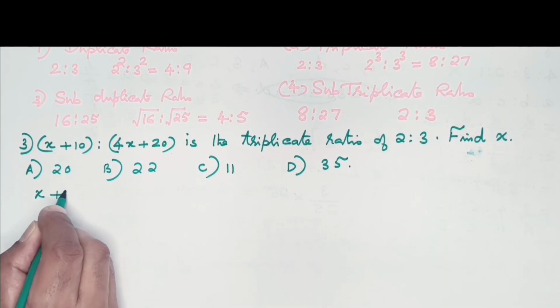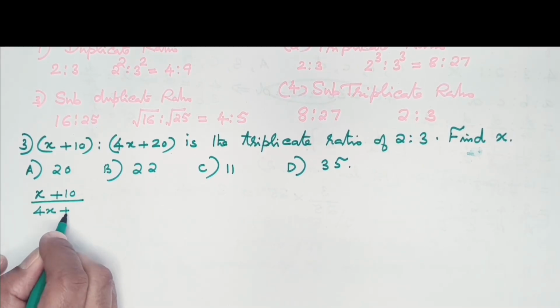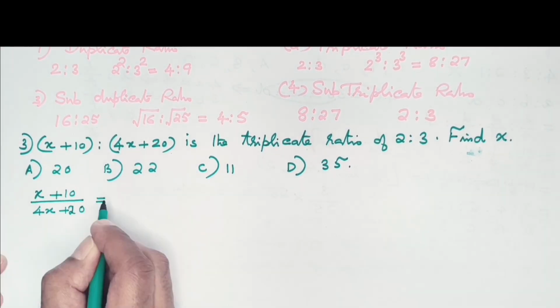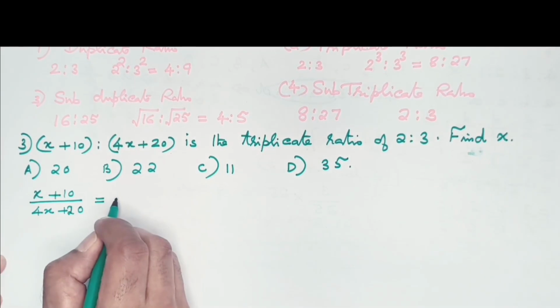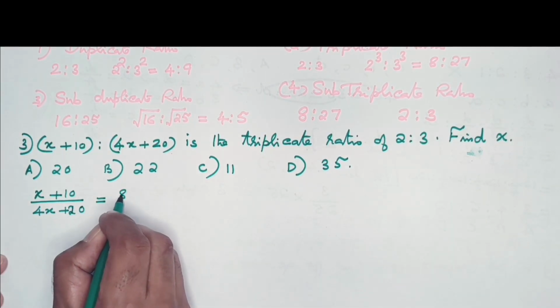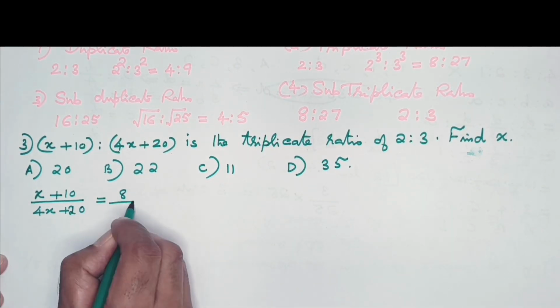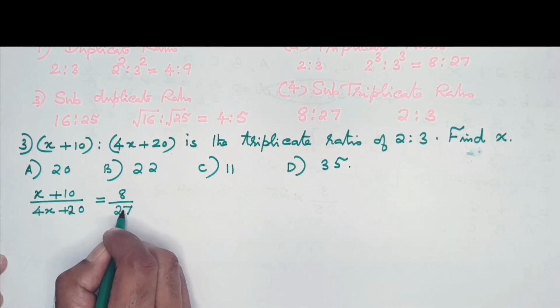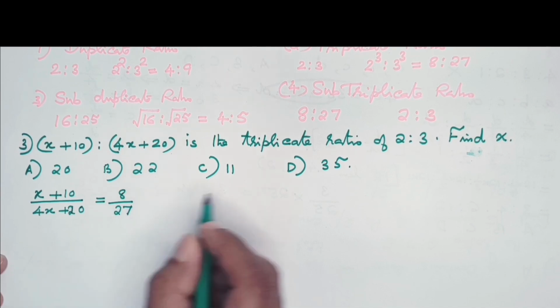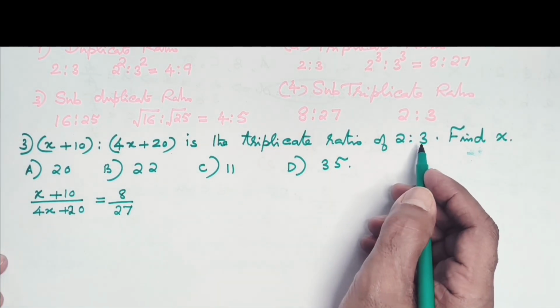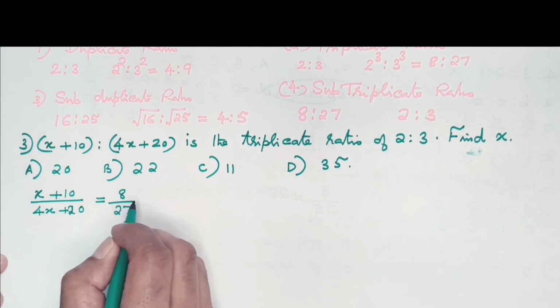That means x plus 10 divided by 4x plus 20 equals triplicate of 2 is to 3. Take cube of 2, which is 8, cube of 3, 27. So 8 is to 27 is the triplicate ratio of 2 is to 3. So you got a simple equation.